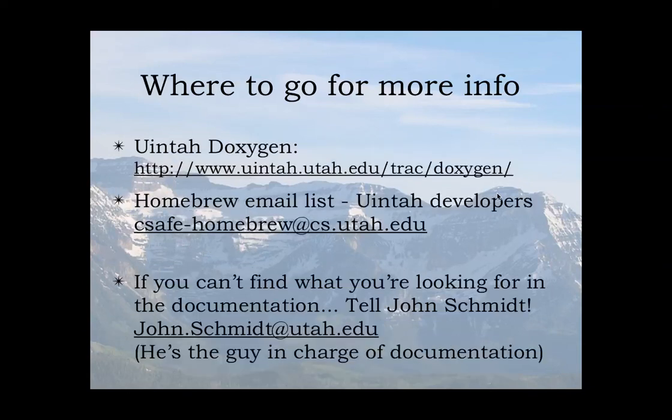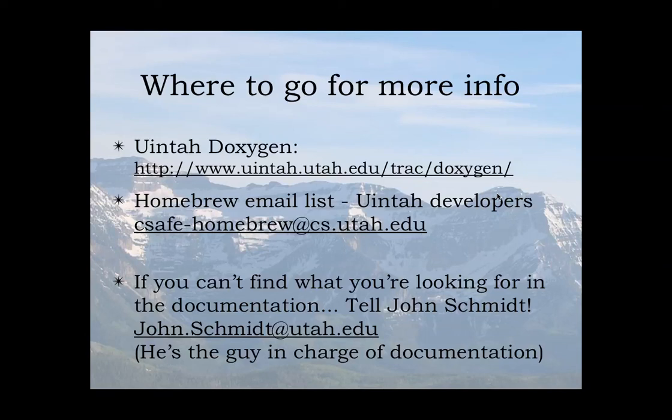There's also Uinta Doxygen. So there's a couple of classes that have Doxygen comments in them. Does anybody know what Doxygen is? Anybody who doesn't? Okay. Doxygen is a way of creating documentation from the code itself.